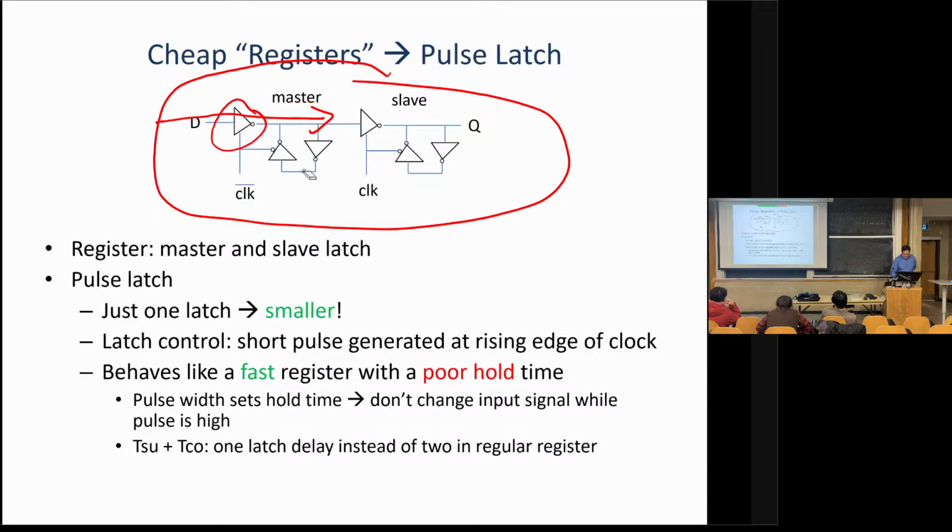When my clock goes high, this is cut off, and this is enabled. So now I just hold this value. This latch is holding my value, and when clock goes high, my value can propagate out through the second latch. So with this master-slave, your data comes out on the rising edge of the clock, but it's because of the sequence of when these latches become transparent.